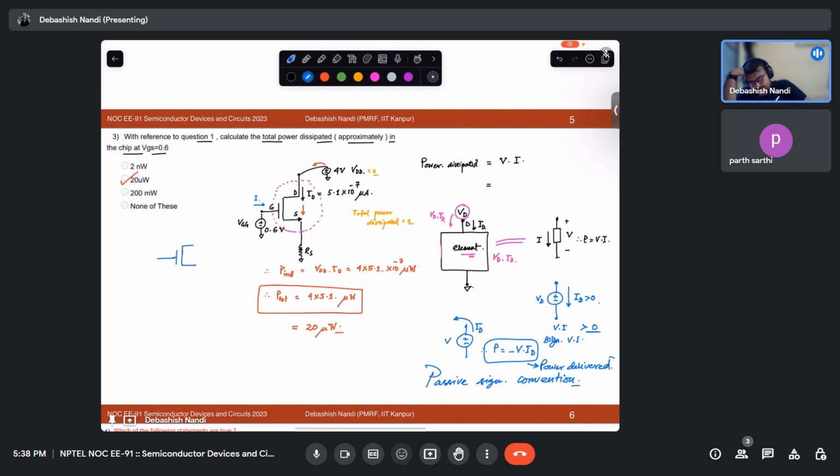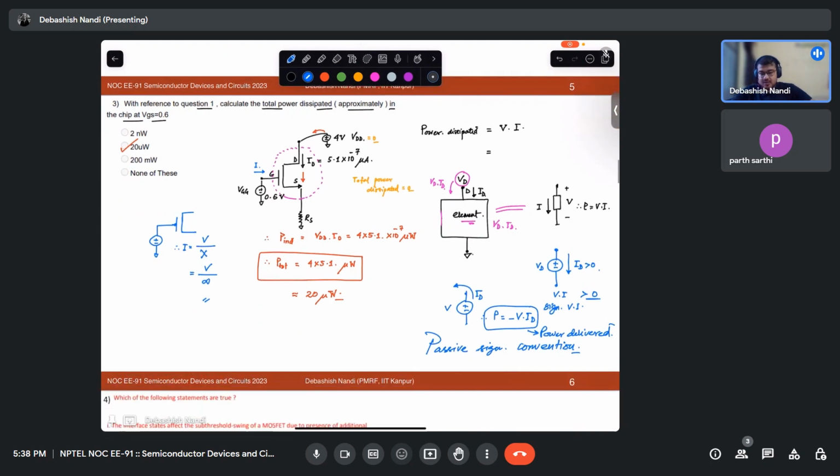It sees a capacitance, right? And if you have some DC source, what will be the current? Voltage over impedance, and impedance is infinite. Exactly, impedance is infinite. So you can think of it this way also. So let's move forward to the next part.